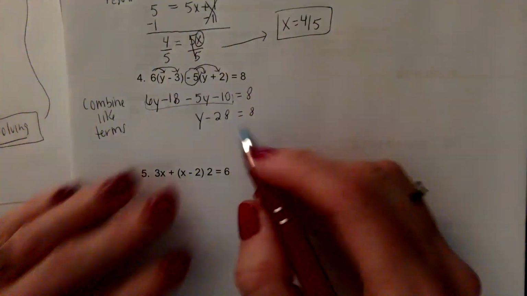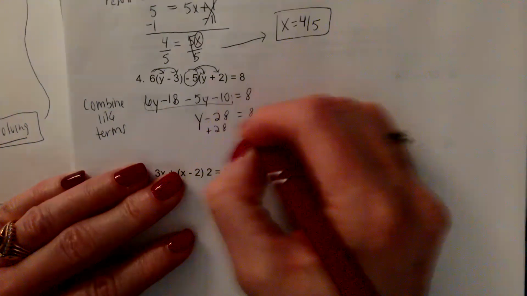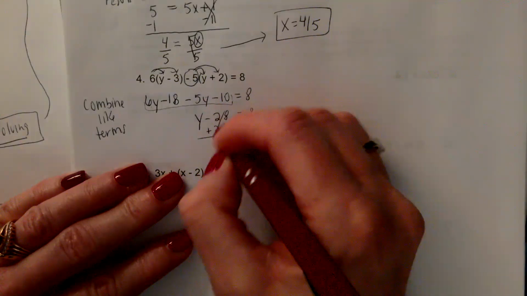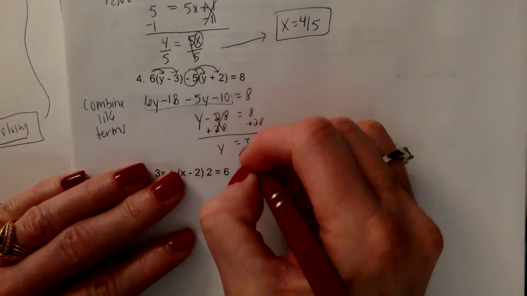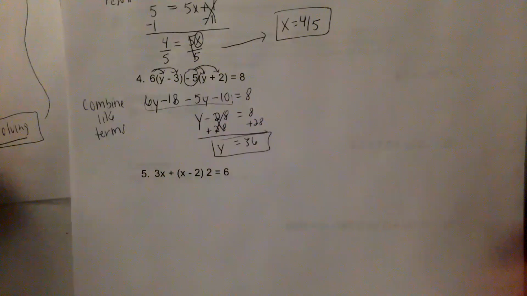Now I can solve for y by adding 28 to both sides. We get y equals 36.